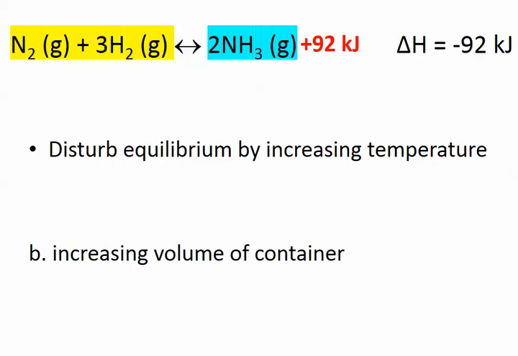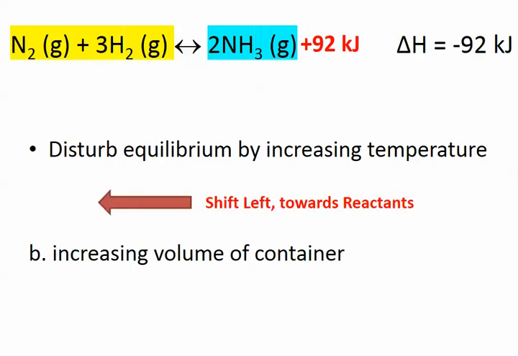Once we have that on the product side, we are then disturbing equilibrium, or we're stressing the system. The first thing we're doing is increasing the temperature. So increasing the temperature is like adding energy. So that's going to cause it to shift away. So it's going to shift to the left towards the reactants.